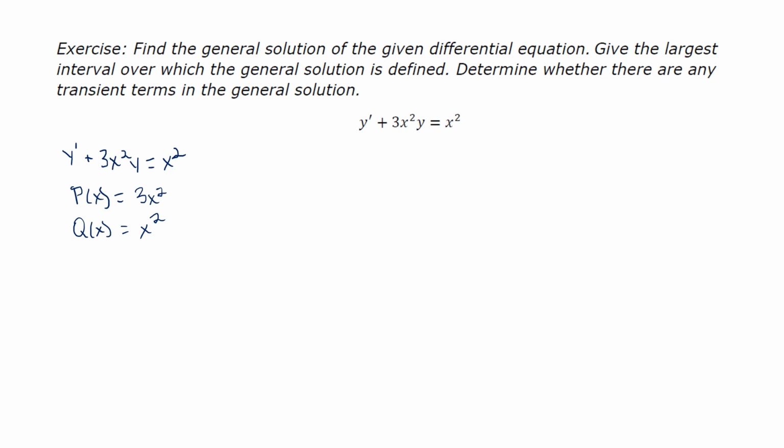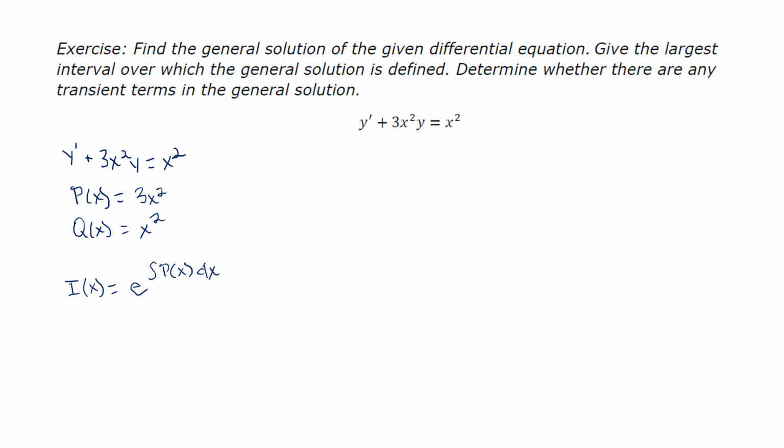Okay, that's our first step. Rewrite the equation in standard form, and from there we were able to identify our p of x and q of x parts. Step 2, find the integrating factor. So that's going to be I of x, and I of x equals e to the power of the integral p of x dx.